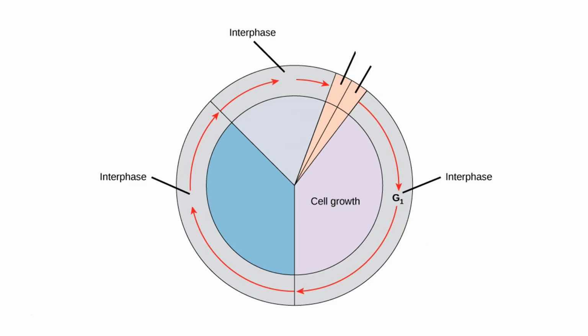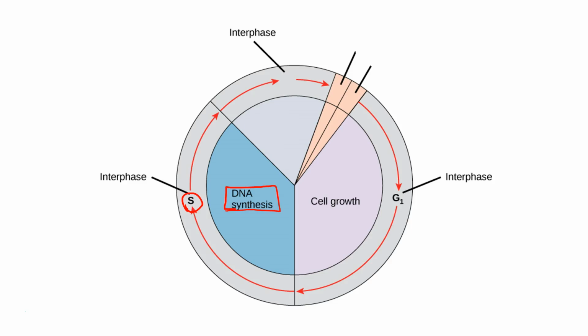Then what happens is we enter what's known as the S phase of interphase. And this is the point at which the cell is going to start copying all of its DNA. So it's going to be making lots and lots of DNA copies. And you can imagine this is quite a feat, right? Because there's tons and tons of DNA in a cell, and to actually go through and copy every last little nucleotide down to the T, make perfect copies of every single chromosome, and mind you, there are 46 chromosomes.